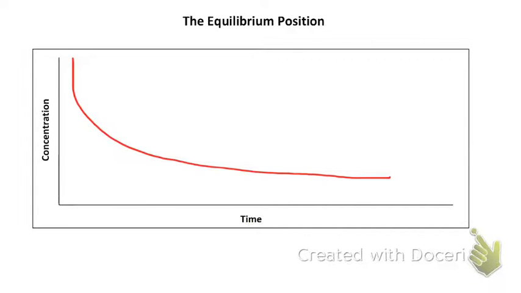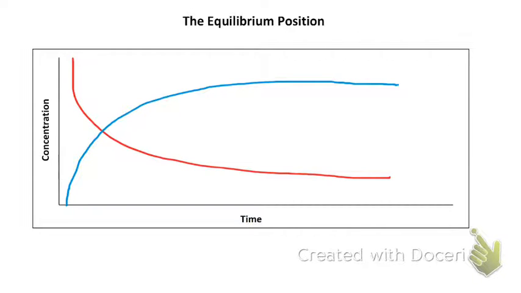All right. Now let's look in terms of the product and draw it on the same graph. In terms of product, initially the concentration is really low. In fact, it's zero. We don't have any concentration. But over time, we begin to make concentration, and we'll get a curve that looks like this.